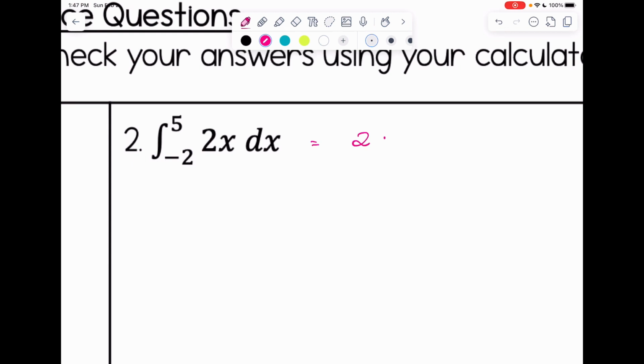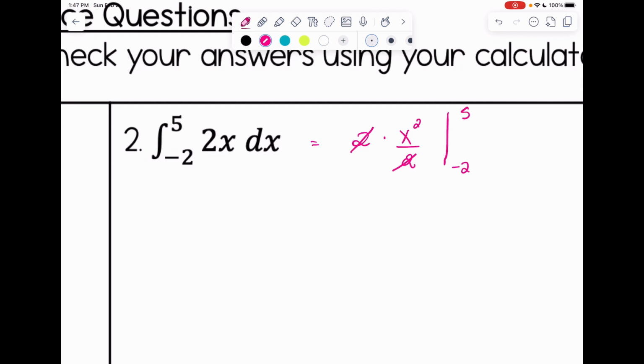So if I take the x and I do my reverse power rule, add 1 to the exponent, divide by that number, and again, we're going to evaluate that from -2 to 5, you can see that these 2's are going to go away here because that's just equivalent to multiplying by 1. So if you see this problem 2x and you are finding the antiderivative, if you just see that that's x squared, that's fine. You don't have to show the 2's canceling like I did here.